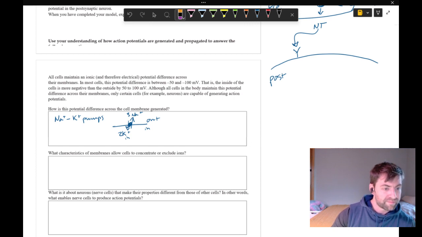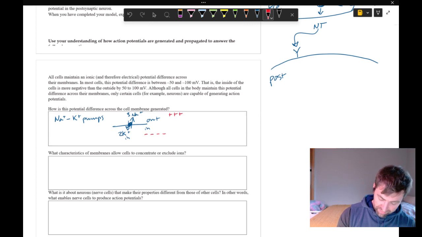And that difference of 2 to 3 is what accounts for the general negative charge on the inside of the cell and the general positive outside of the cell.